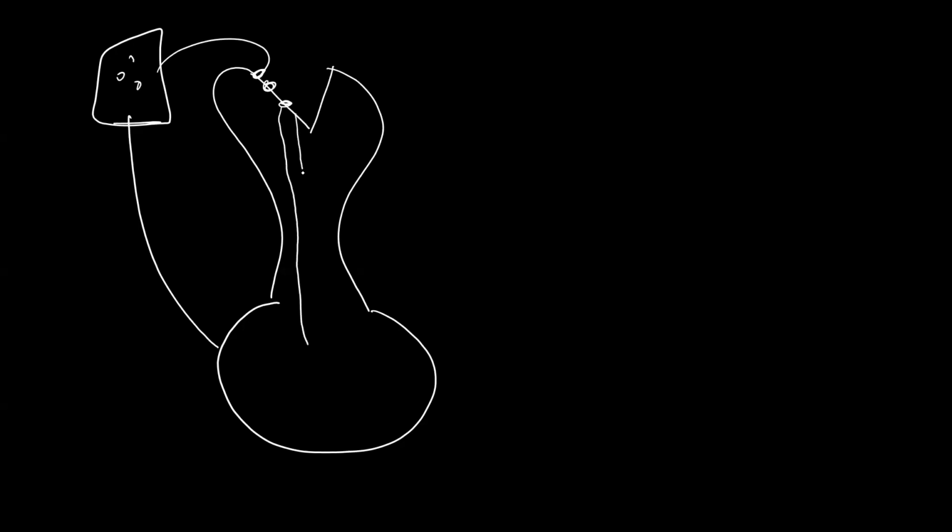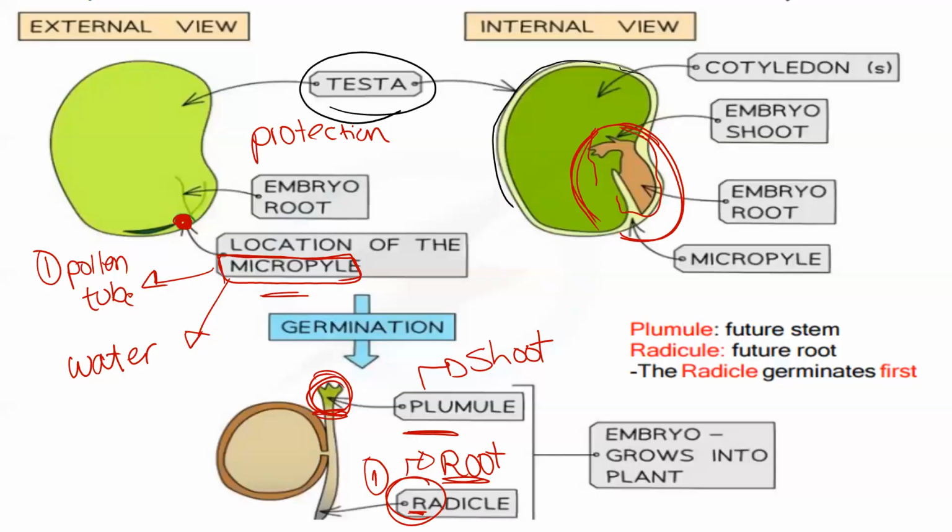A pollen tube will grow down the style. The male nucleus will move down until it enters the ovule. How does it enter the ovule? Through an opening known as the micropyle. So when you are asked to discuss the process of fertilization, you have to mention all those steps, including the micropyle.